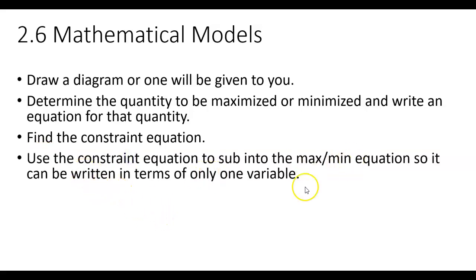Then we're going to use that constraint again to substitute into our max or min equation, so it can be written in terms of only one variable. So for example, if we're looking for the volume of a box, we want all of the variables to be probably x or t or some single variable. We don't want to be dealing with an x, a y, and a z when we're talking about a volume.